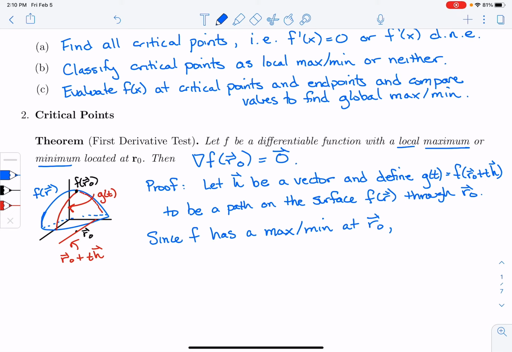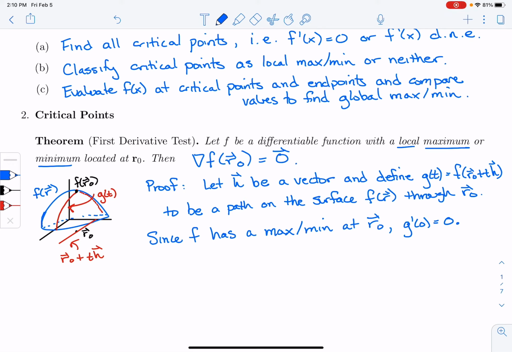And so g prime of 0, which is going to be the derivative of g at 0, has to be 0. Okay, so I'm defining this function g of t, so I essentially can make this a single variable problem.